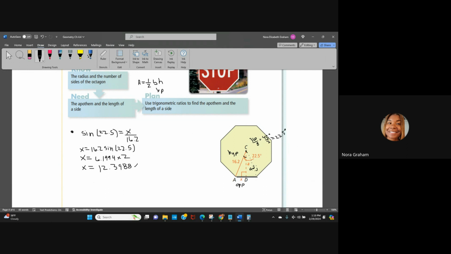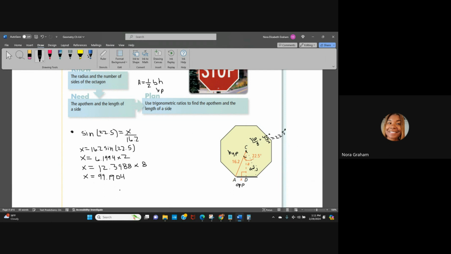Now I need to take this and multiply it by 8 because there's 8 sides of my polygon. That's almost like adding this 8 times, okay? That's going to give me my perimeter. That's going to be 12.3988 times 8. That's going to give me 99.1904.